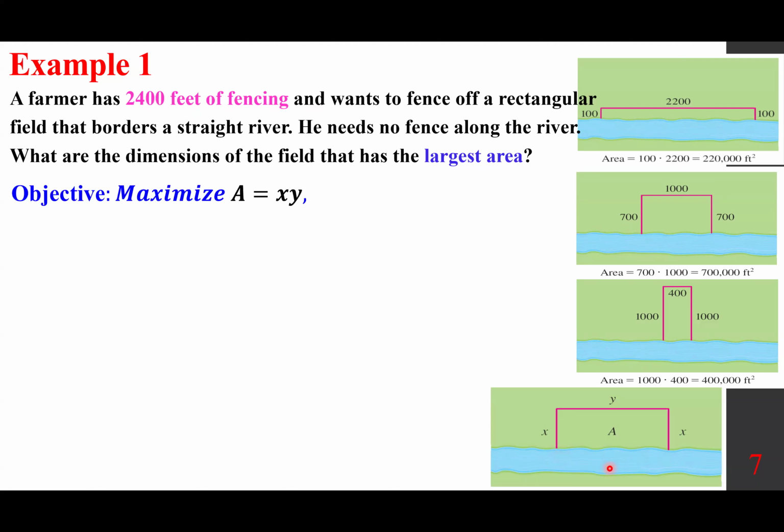Normally, the perimeter for the rectangular shape is 2x plus 2y. We don't need anything on this side. In this case, it's 2x plus y equals 2,400 feet of fencing.